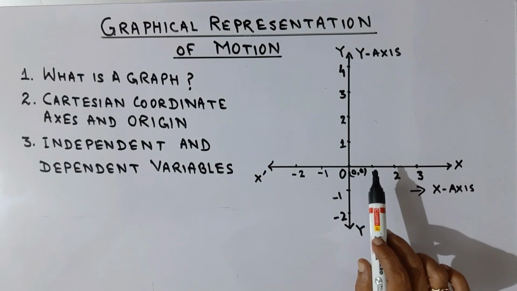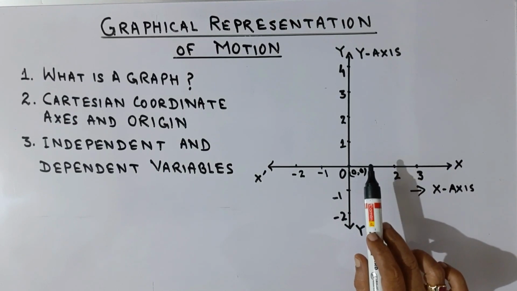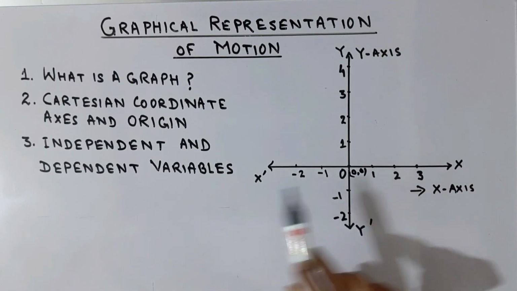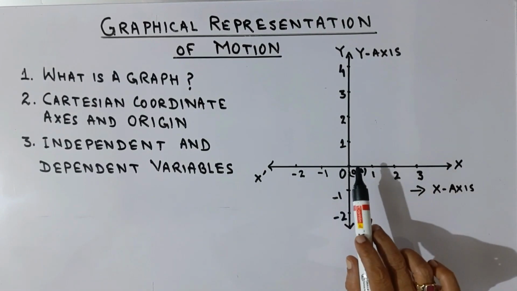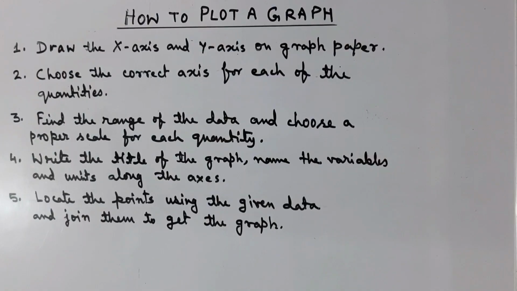And the second quantity, which depends on the variation of the first quantity, is called the dependent variable and it is plotted along y-axis. Although you have learned in your previous classes how to plot a graph, we are going to revise the steps here.